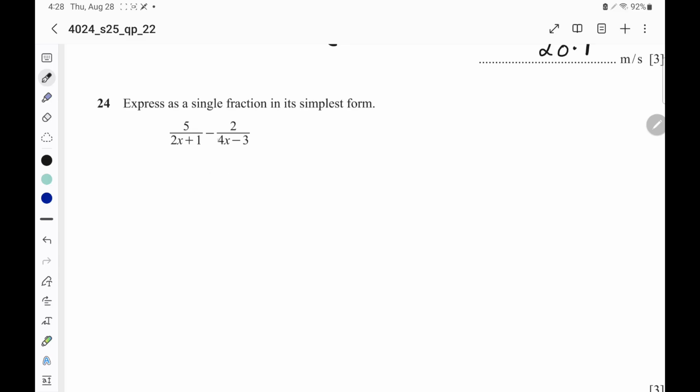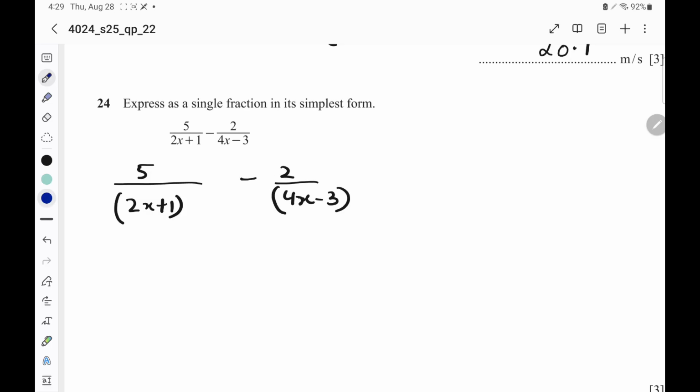So you will multiply this 5 by 4x minus 3, and the 2 will multiply with 2x plus 1, and the denominator also, to make the same denominator. Alright, 5 upon 2x plus 1 and minus 2 upon 4x minus 3.